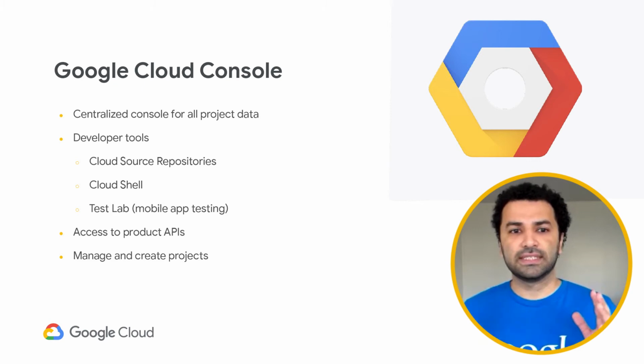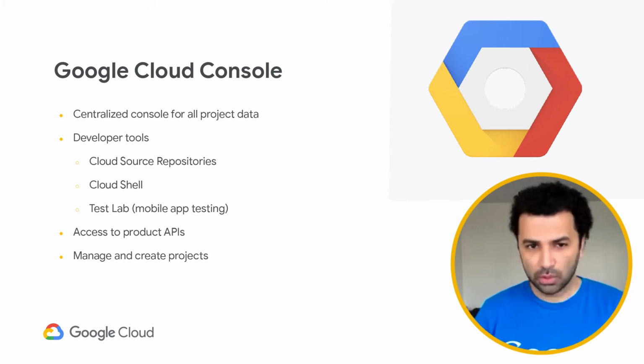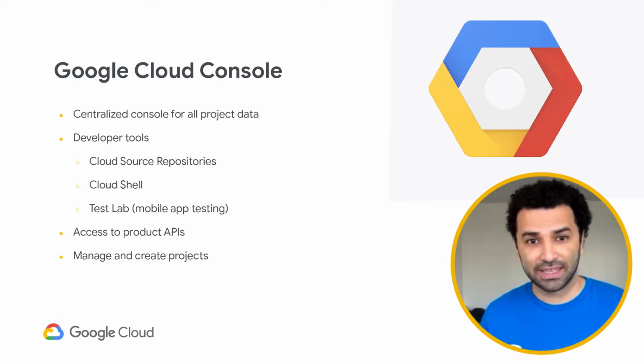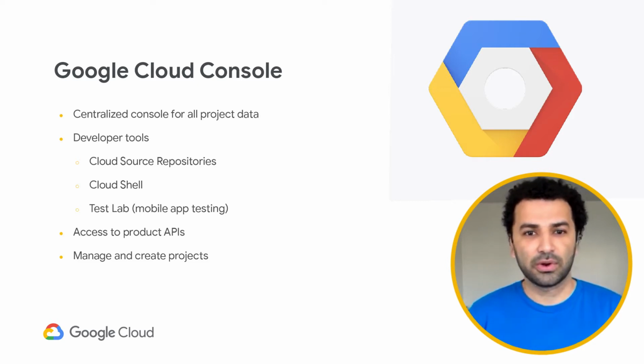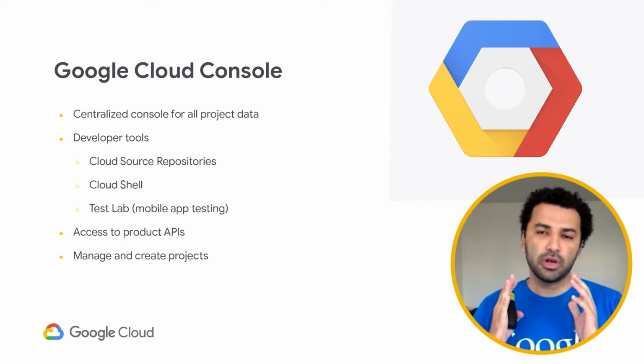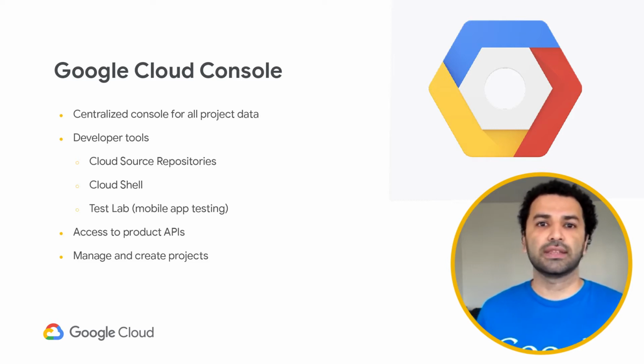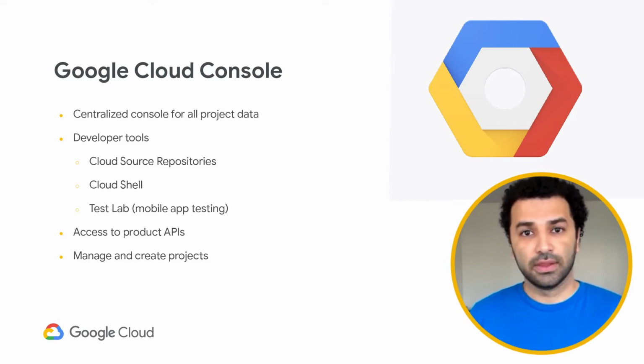The console is the web interface that we are using all the time. If you signed up to Google Cloud using your Gmail account or you were invited by your colleague at work, you probably have logged into the Google Cloud Console. It's a very nice graphical user interface that lets you interact and do most of the work.